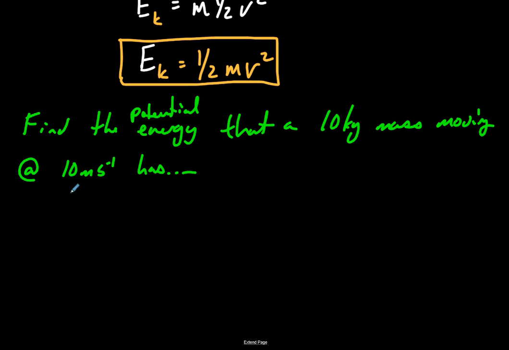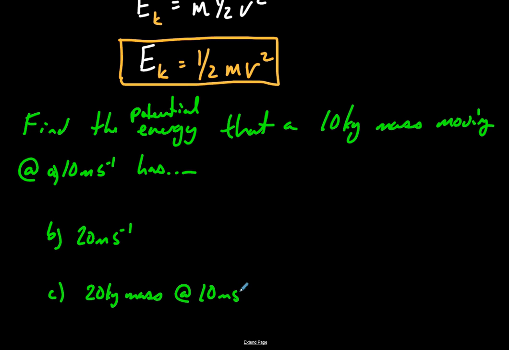And then we're going to change it. What if I double the speed? So now do the same thing: A, 10 meters per second, and B, at 20 meters per second. And then C, a 20 kilogram mass at 10 meters per second.